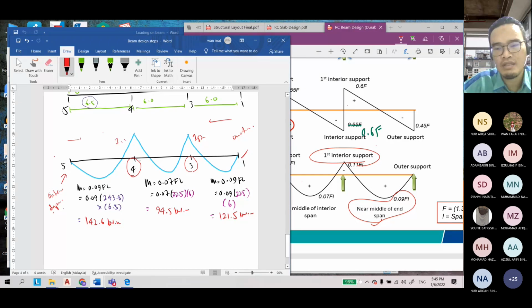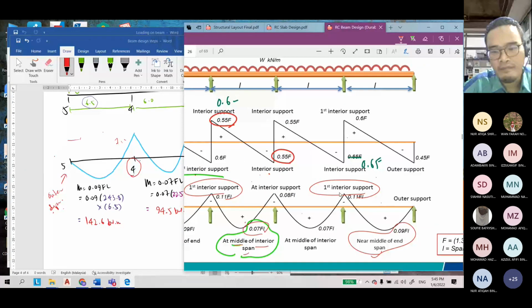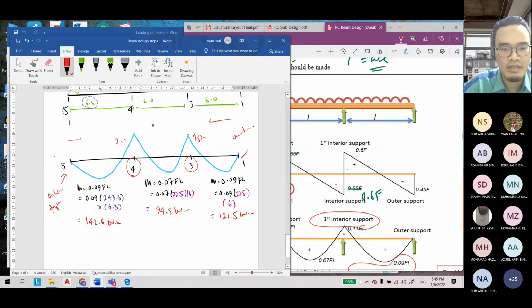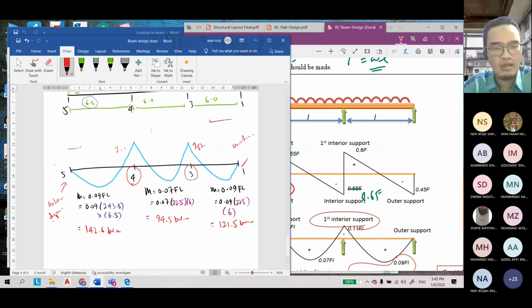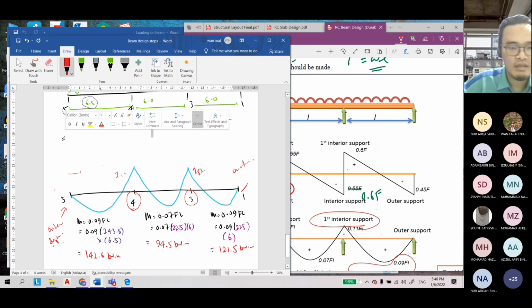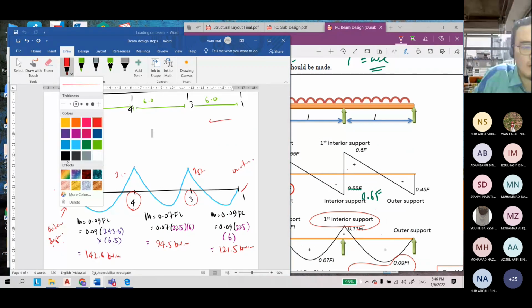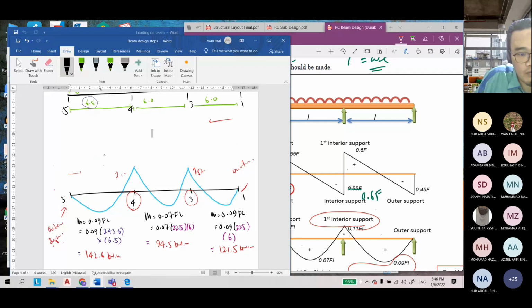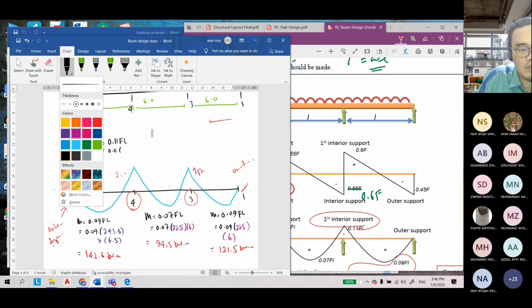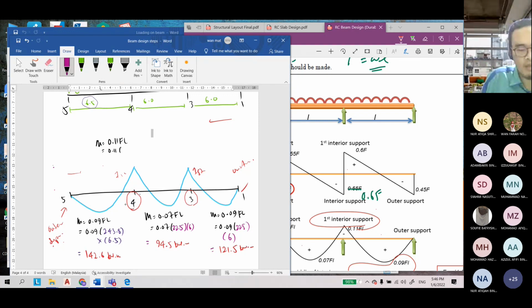So we use the calculation 0.11 FL for the bending moment here at the top. The moment is equal to 0.11 FL, equal to 0.11 times our F. We just choose the critical one between span 5.4 and 4.3.